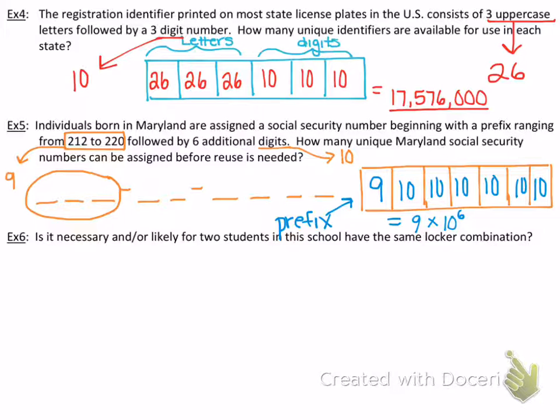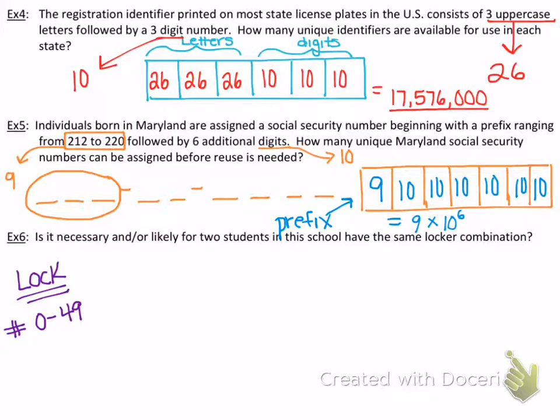Example 6, how many possible locker combinations? Oh, I'm sorry. Is it necessary and or likely for 2 students in the school to have the same locker combination? If we're talking about Good Counsel, you first have to ask yourself how many possible combinations there are at Good Counsel, and then compare it to how many students we have here. The locks that we have here at Good Counsel have numbers 0 through 49, and repetition is allowed.